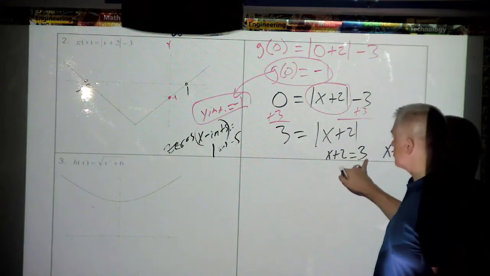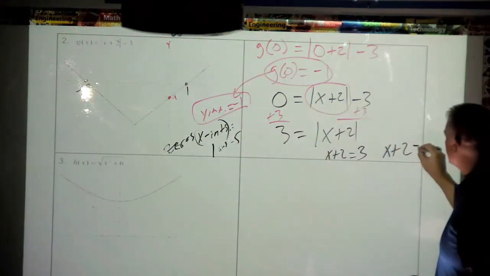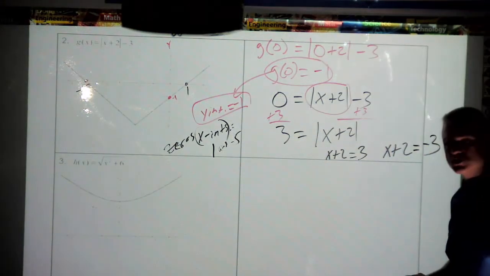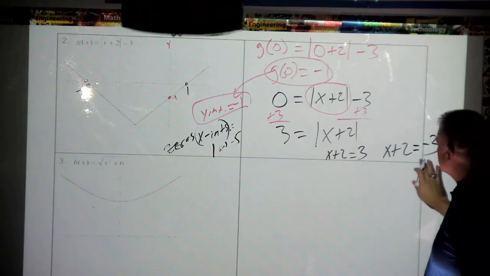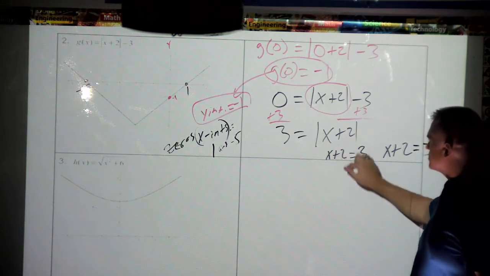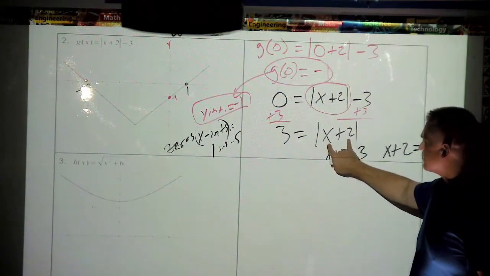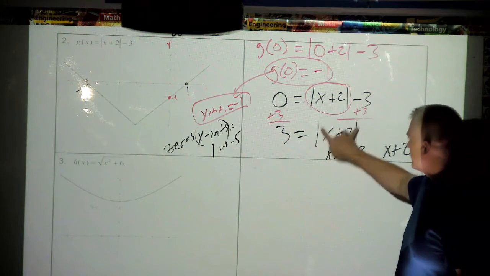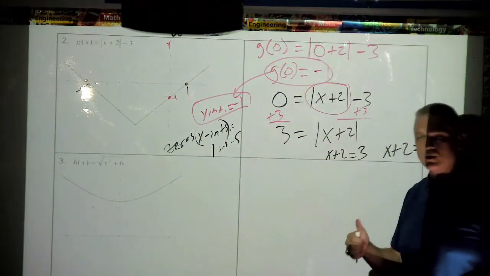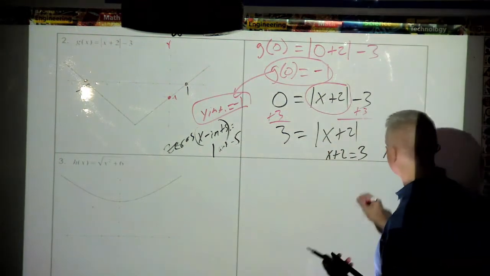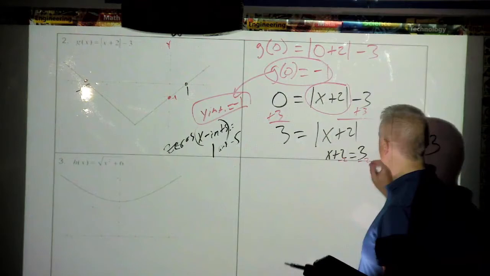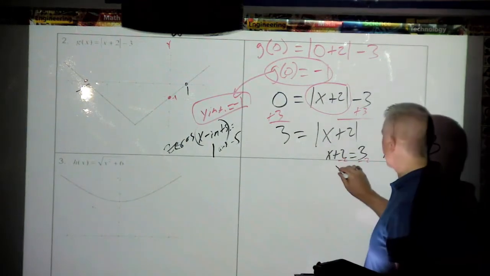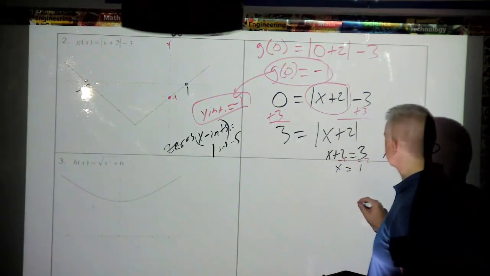Well, the absolute value of 3 is 3, but also the absolute value of negative 3 is 3. So we need to solve for both of these, because if we can make x plus 2 negative 3 or positive 3, the absolute value would be 3 and it would work. So we're simply going to subtract 2. That gives me x equals 1.